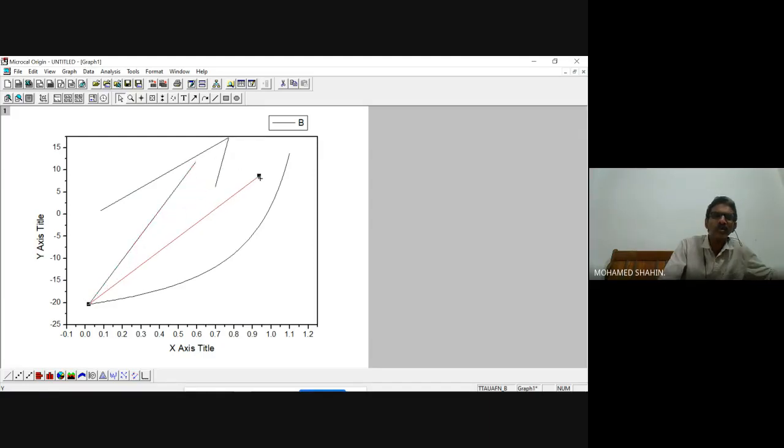The slope would be lesser, so it will have minimum slope. But here it is more trying to go along the x-axis, parallel to the x-axis.